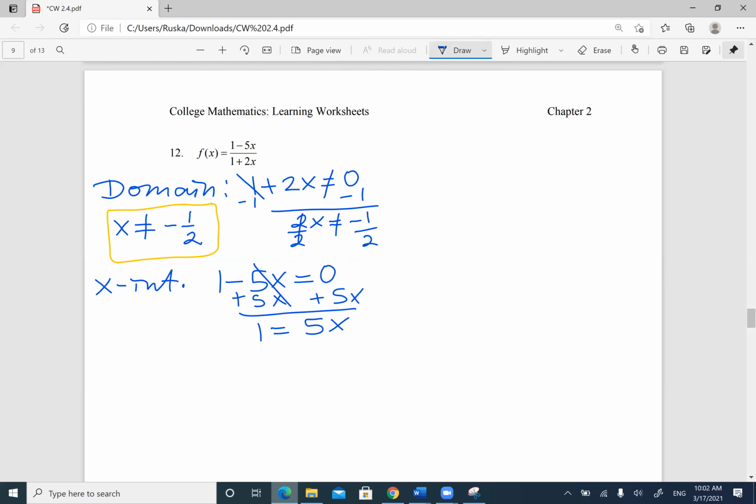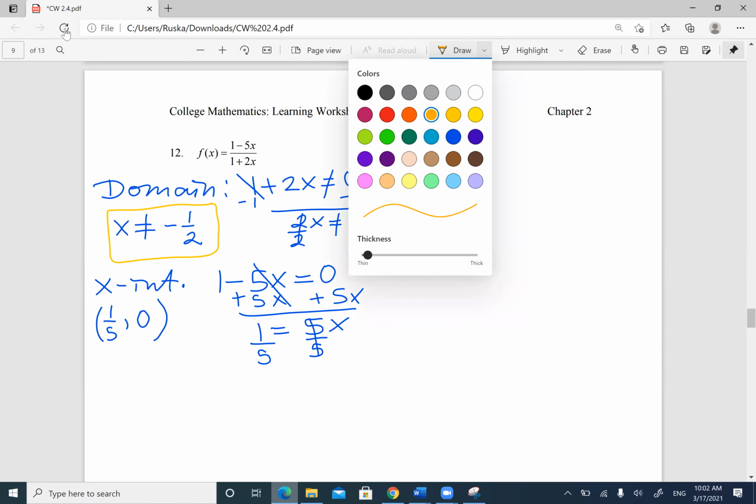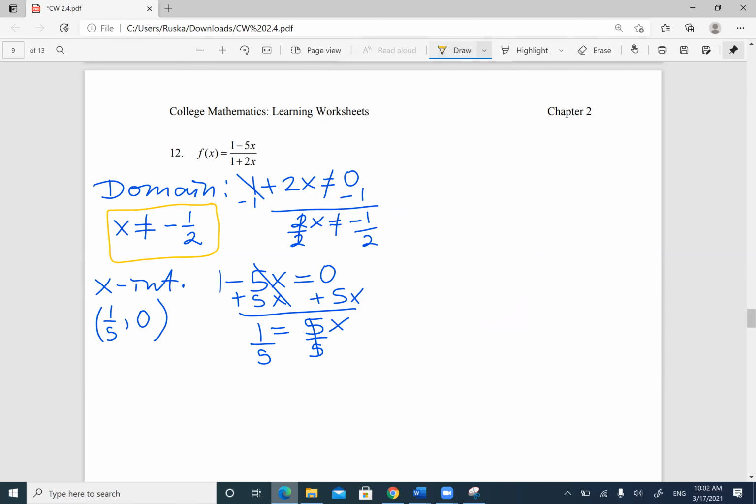Divide by 5. So x equals 1/5. And that's my x-intercept: (1/5, 0). 1/5 is technically 0.2, but you can just leave it like that. So we have one x-intercept.